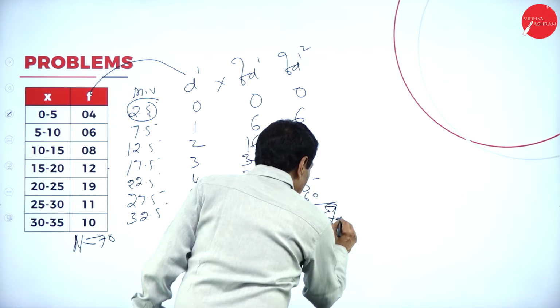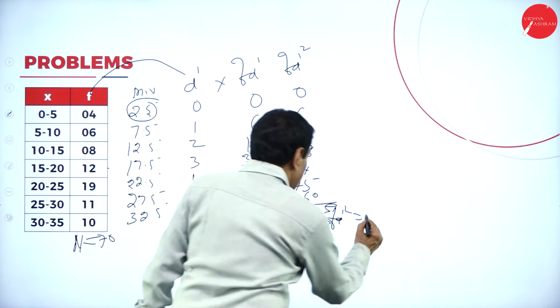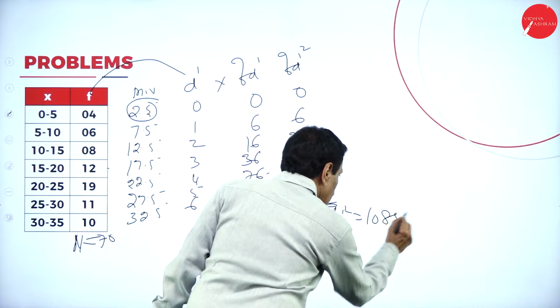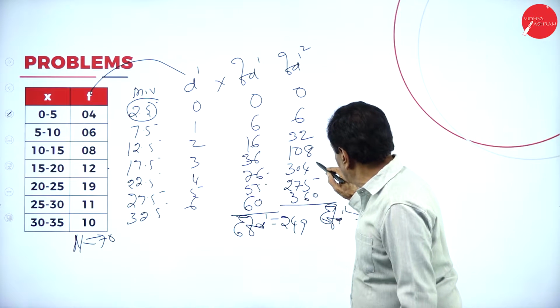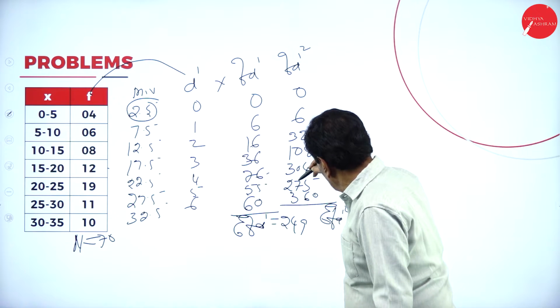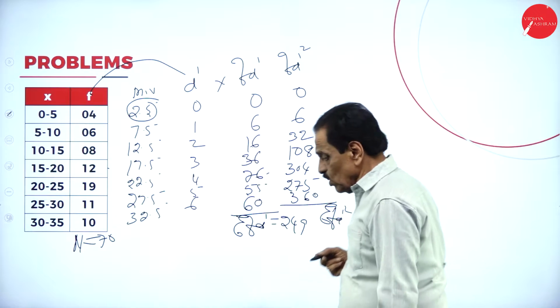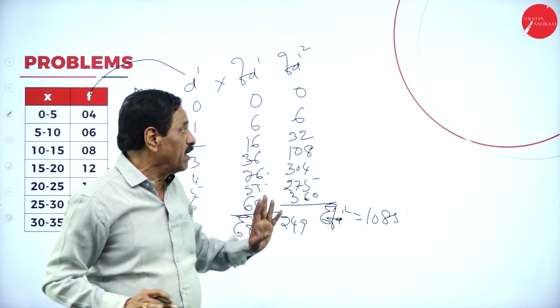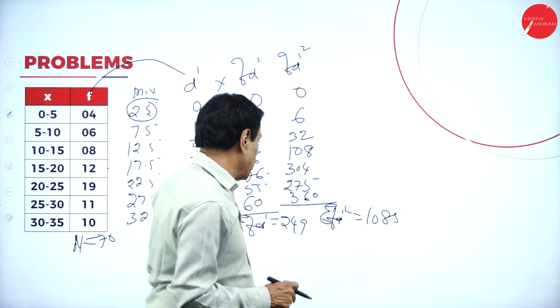Σft'² is 1085. What is the next step? You have to apply the formula.